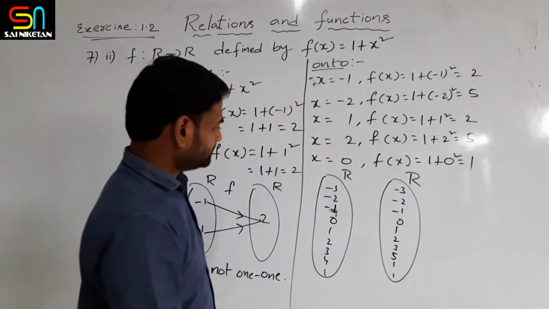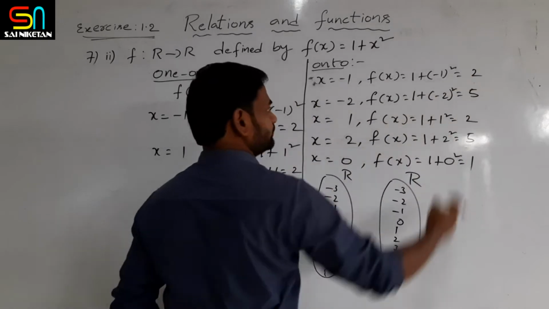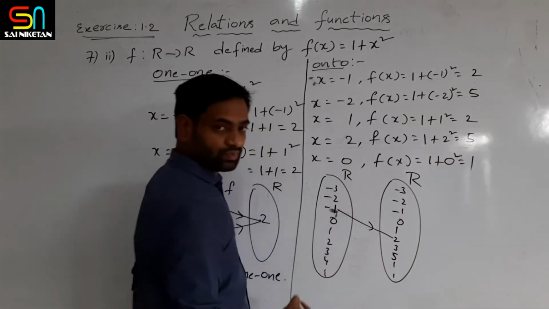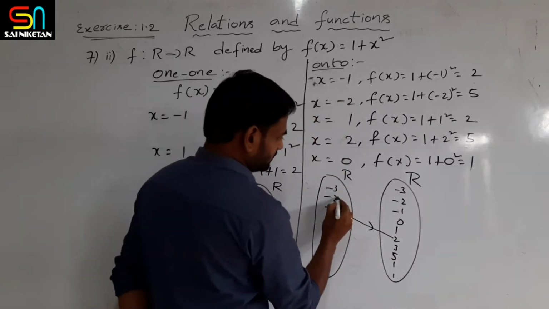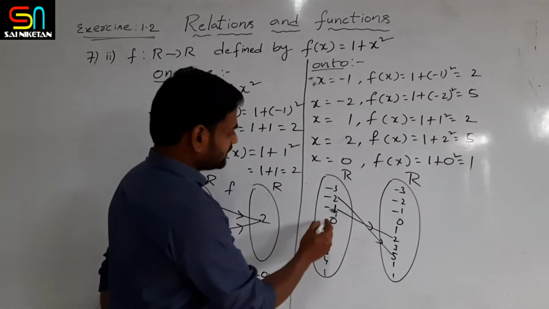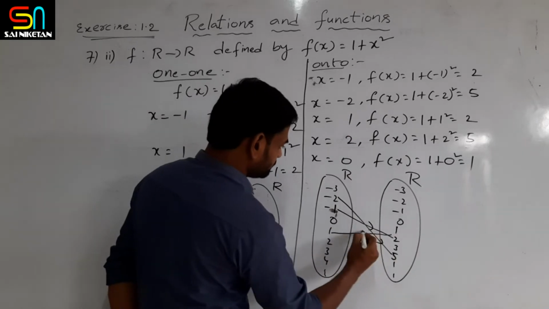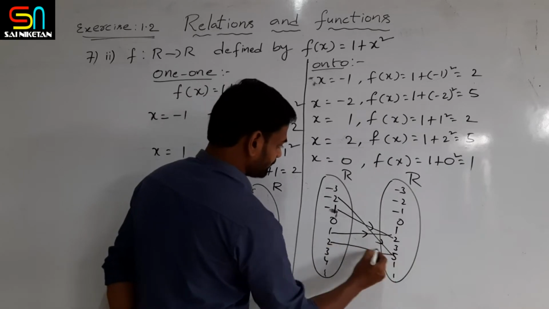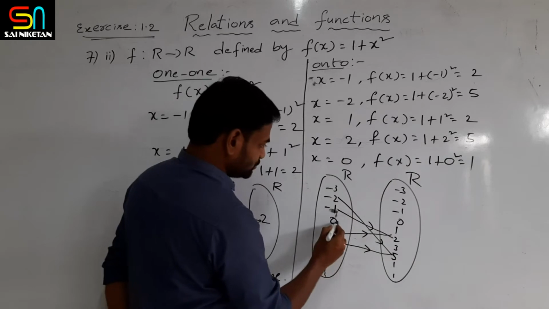Now see the mapping. When x value is minus 1, f of x is 2, so minus 1 to 2. When x value is minus 2, f of x value is 5. When x value is 1, f of x is 2. When x value is 2, f of x is 5. When x value is 0, f of x is 1, that is 0 to 1.